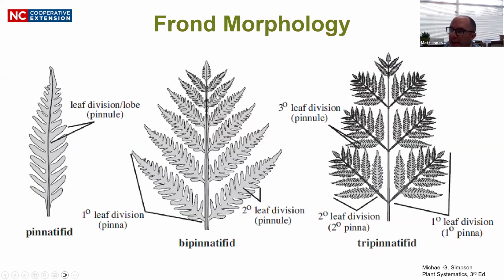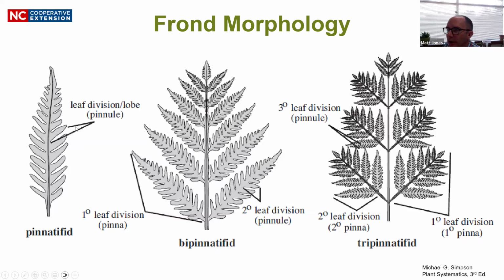And then it can be subdivided once, twice, even 3 times, but this still represents a single frond. This is a single frond, this is a single frond, depending on species.